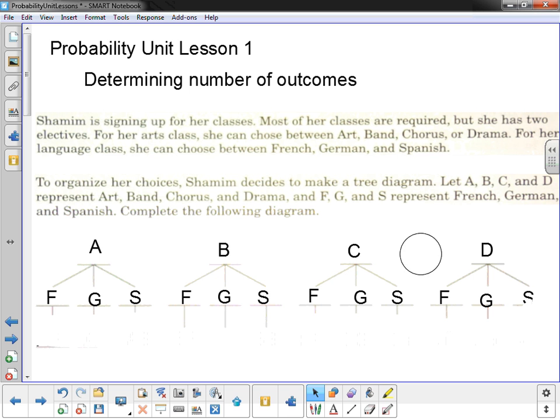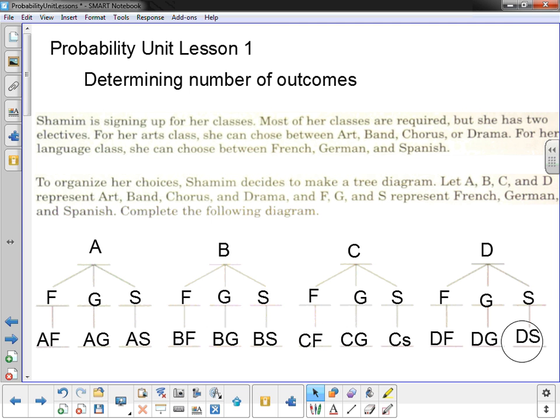There we go. Kind of clean that out a little bit. So if she chooses art, she can still choose French, German, or Spanish. That means these are all her possible outcomes. She could have art and French, or art and German, or art and Spanish, all the way along the lines.